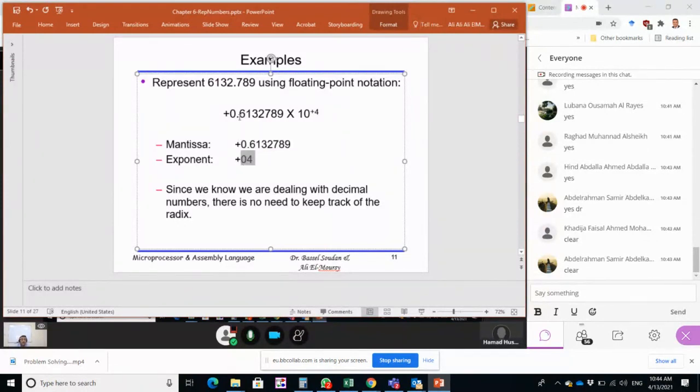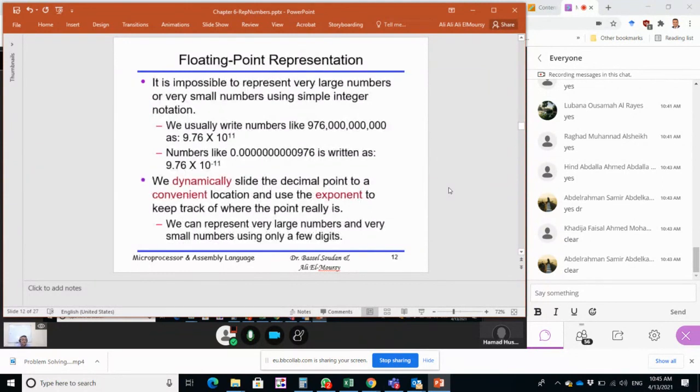And in order to allow a significant number of digits for the number, I need the mantissa to have much more storage than the exponent. Remember, we explained all of this to make the idea clear in the decimal. We will now shift to the binary.